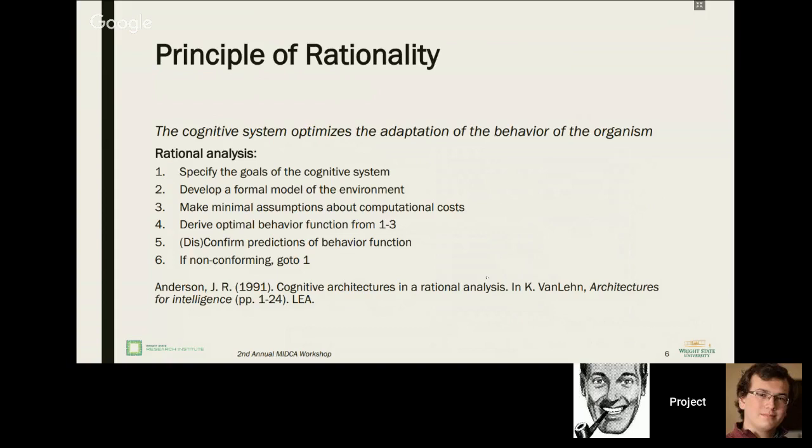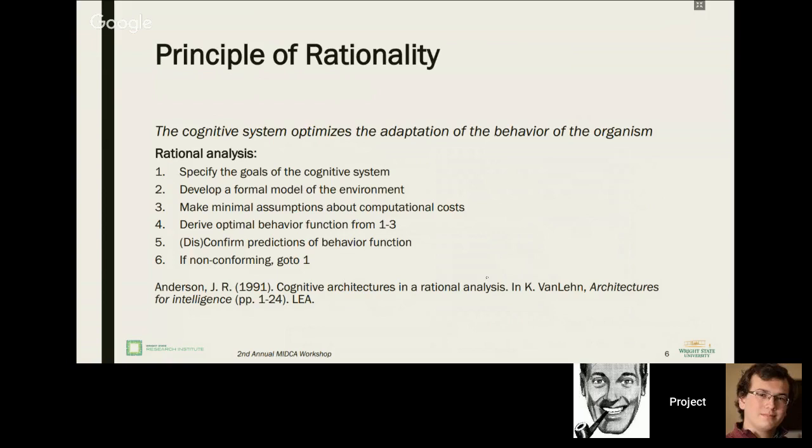This principle is that cognitive systems are the adaptation of behavior for the organism, whatever you're modeling. And so optimization is, well, it depends on how you would define that, but essentially we adapt our behavior to learn and improve when things occur in the world.